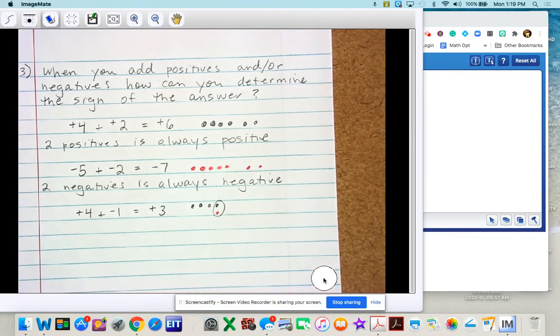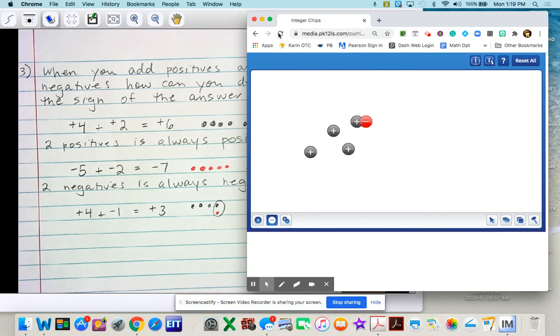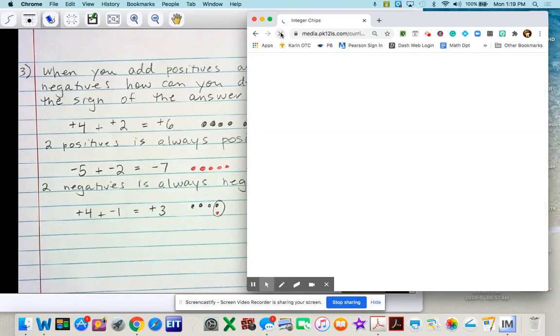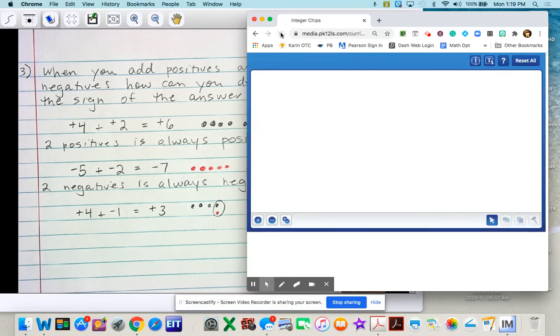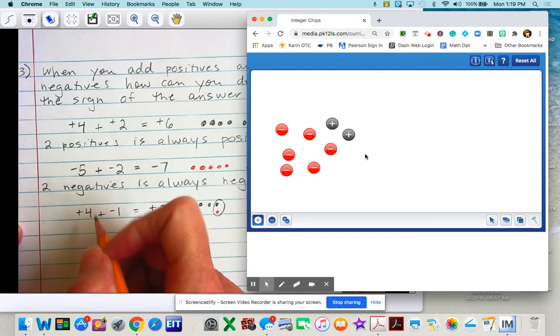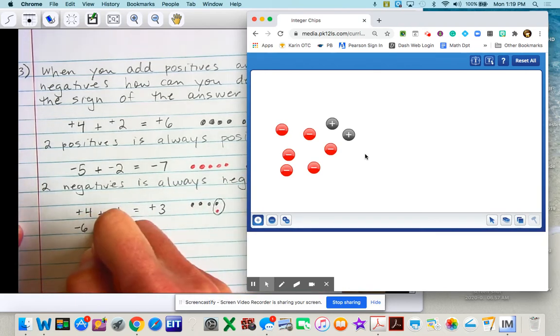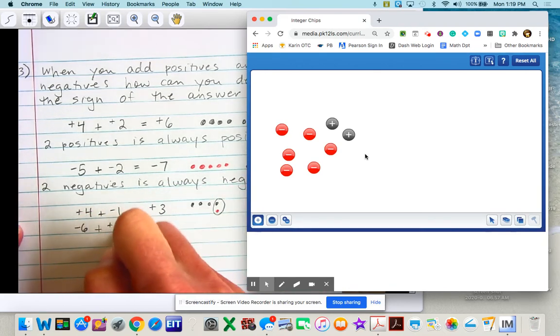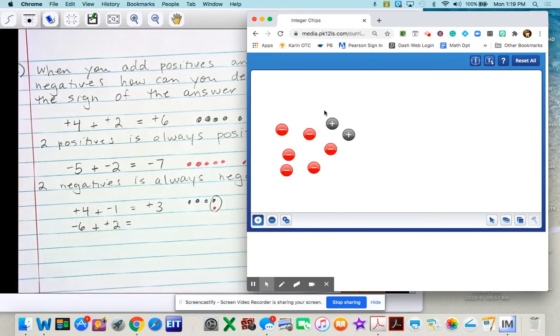What if I had, let's reset this again, 6 negatives and then 2 positives? What kind of answer would that be? So let's say I've got -6 plus +2. Let's look at some of the pairs we could make.